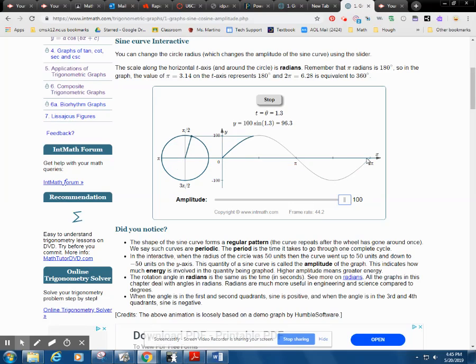But for sine, we're always starting at the origin. That's because you're always starting with your initial point to the right, which has a coordinate on the unit circle of 1, 0. With a radius of 100, this point would actually be the point 100, 0. So right, 100, and then we don't go up or down.